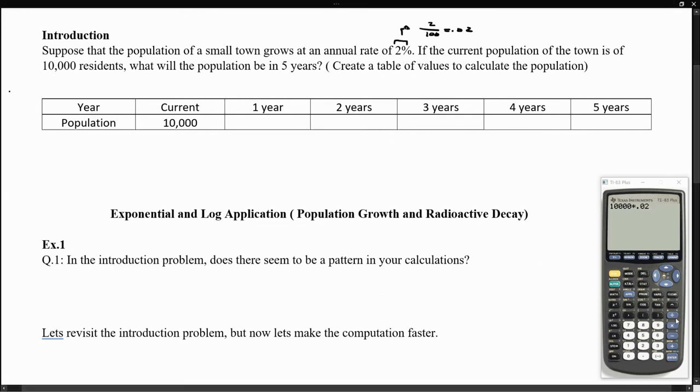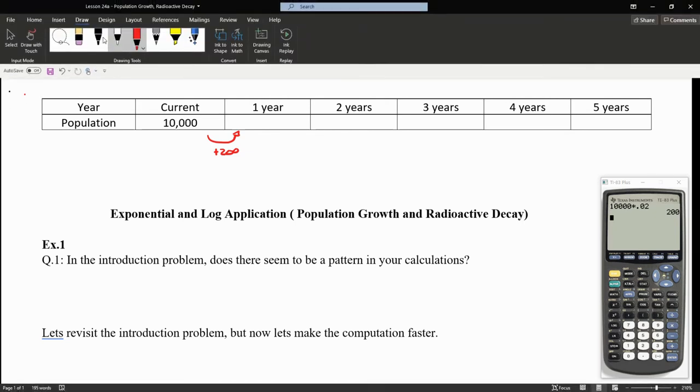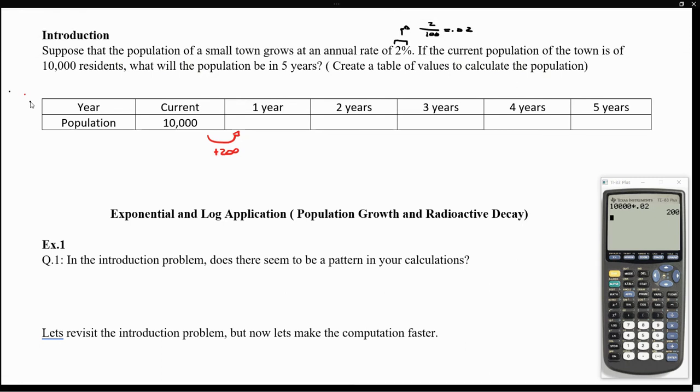So what this is saying is that we start with 10,000 people, and once the first year passes, we increase by 200 people, because that is 2% of 10,000. So now the population after 1 year is 10,200.